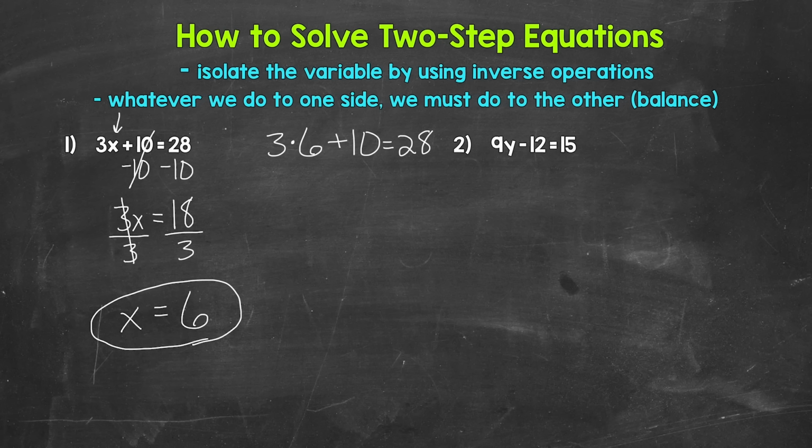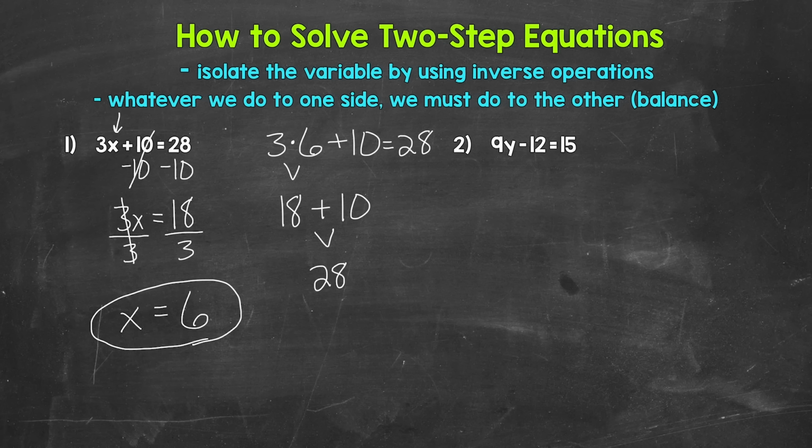So we need to multiply first. 3 times 6 is 18, so we have 18 plus 10. 18 plus 10 is 28, so we are correct. x equals 6. Let's move on to number 2, where we have 9y minus 12 equals 15.